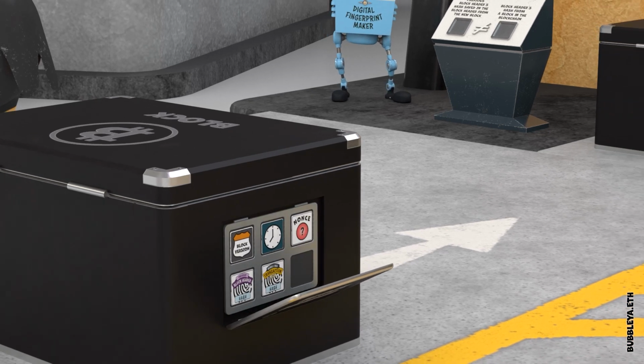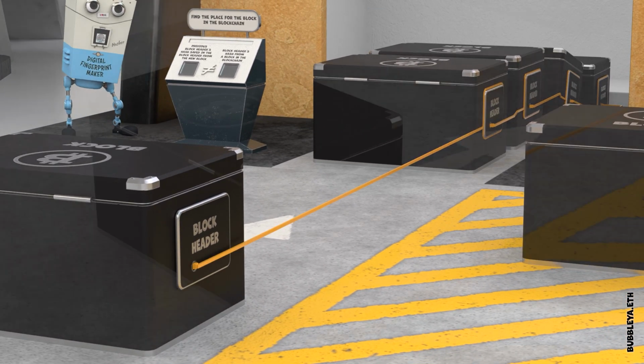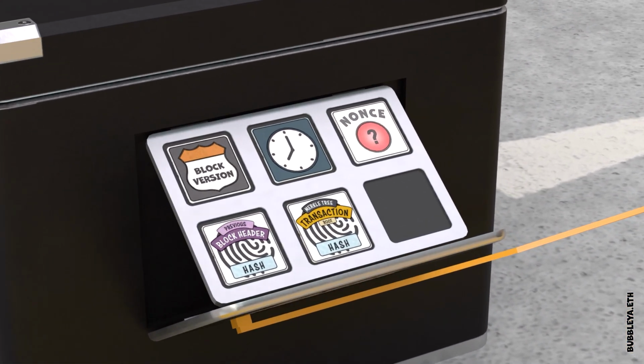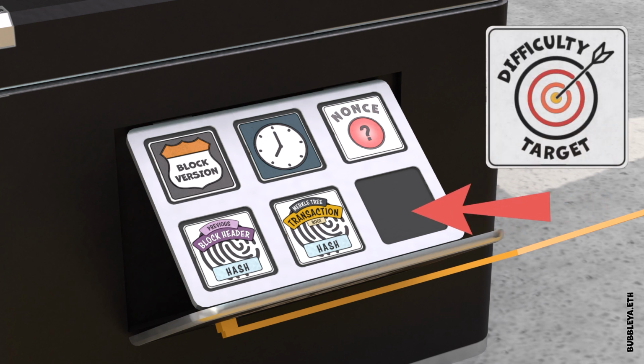This is how the blocks are connected to the blockchain. There is still an empty place under the nonce tile in our block header. It is the place for the difficulty target tile. We will explain it and its influence on nonce in the next episode.